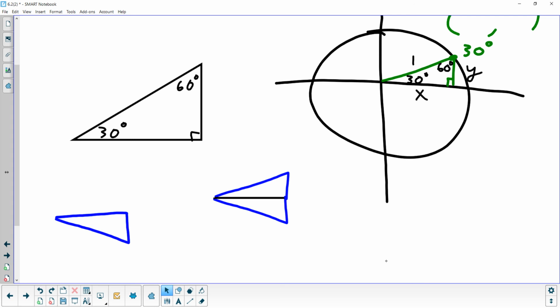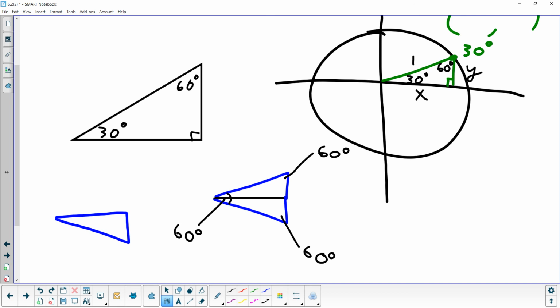let's think about what kind of triangle I have now. What's that angle right there? 60. That angle? 60. And what about that angle? What kind of triangle is that? Equilateral.